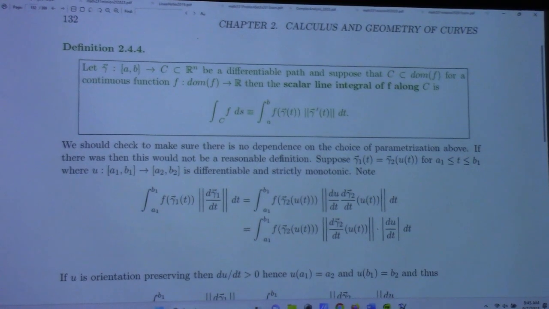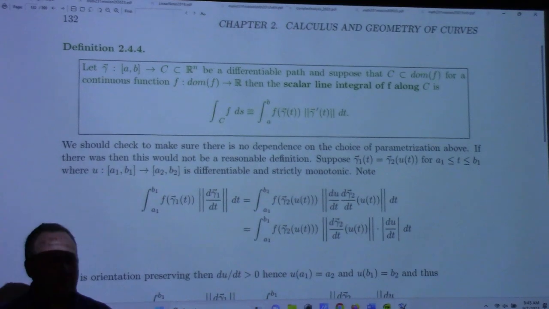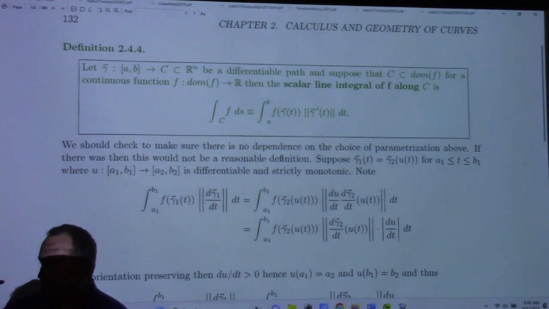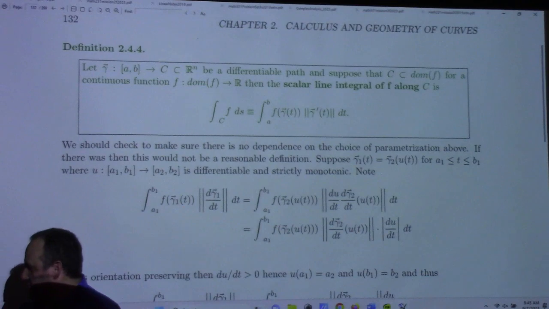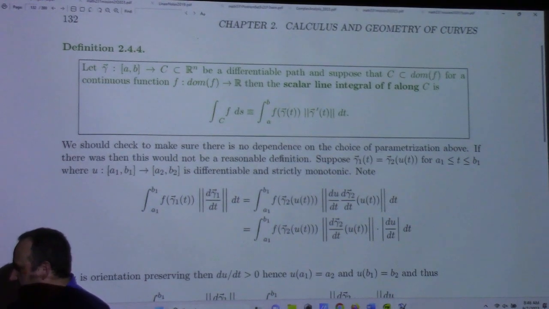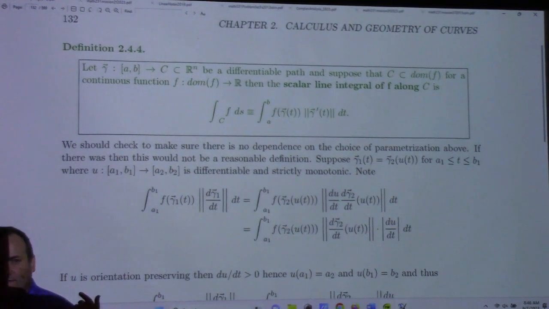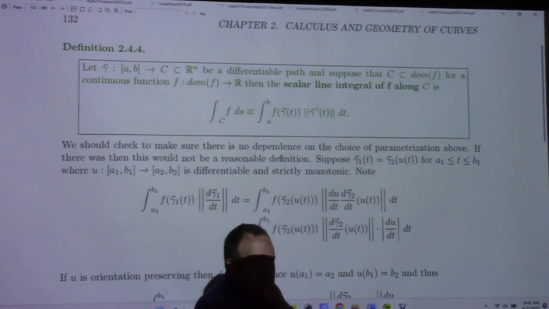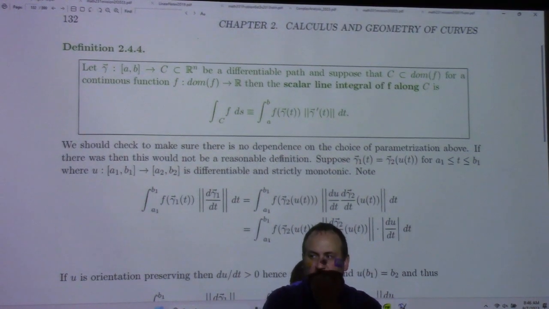If we reverse the direction of the curve for the parameterization, should that change that integral? If we change the parameterization of c, should this change if I replaced, say, gamma with its reversal? If you think about it intuitively, it really shouldn't, right?